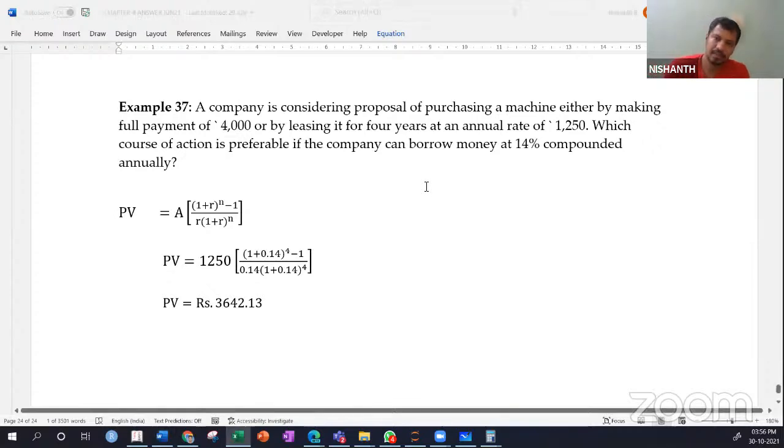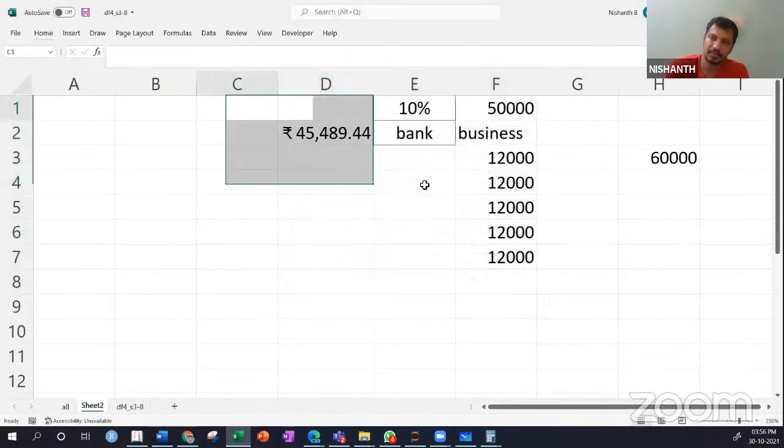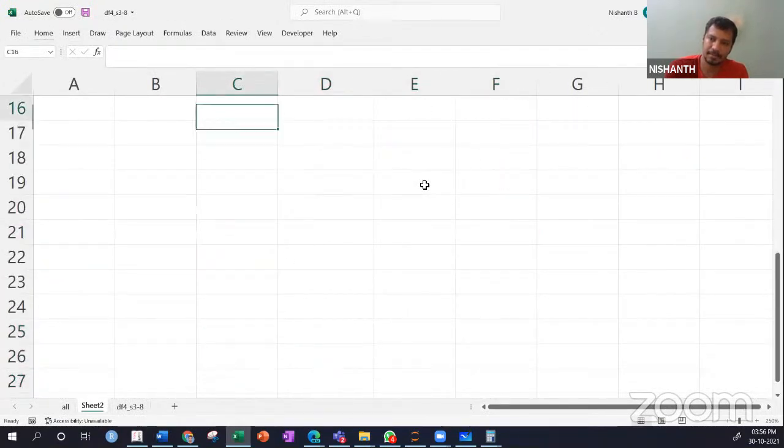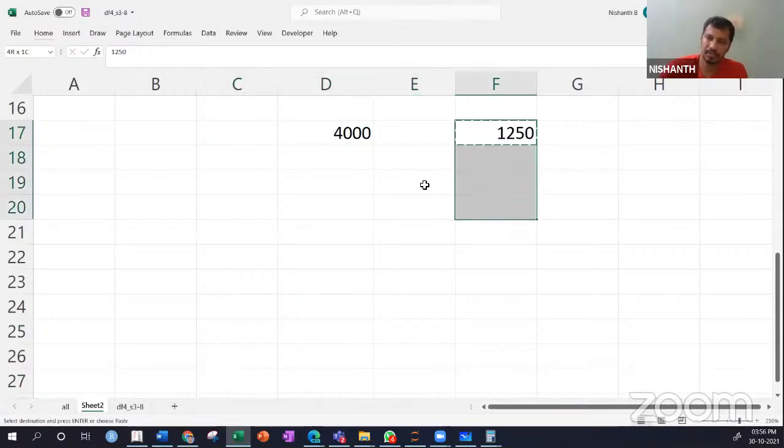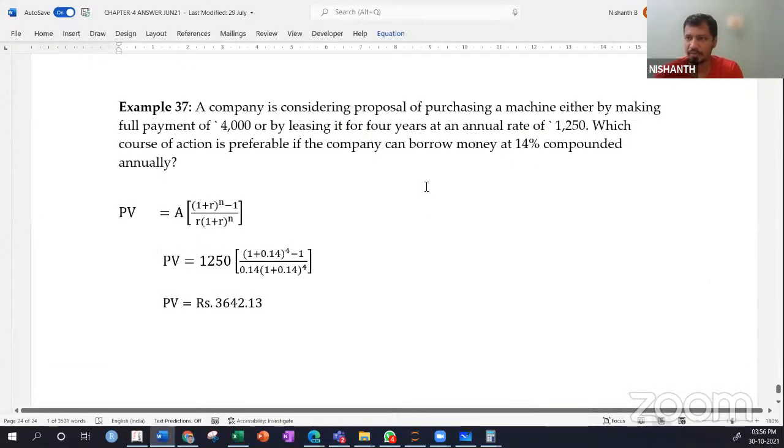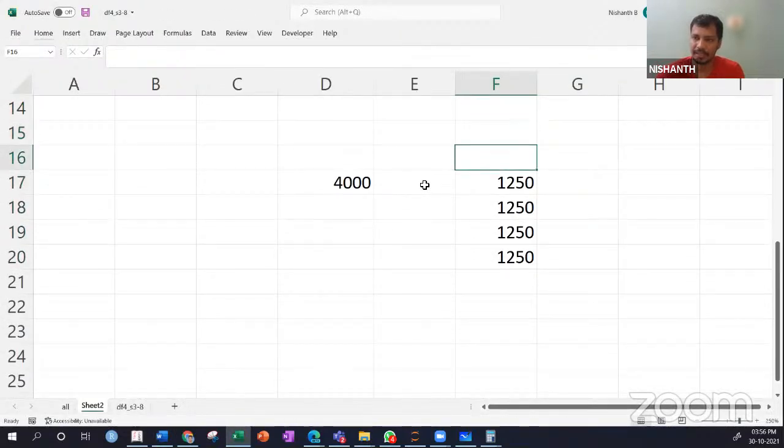So again, you have two options in front of you. Either you pay 4,000 now, or you pay 1,250 for the next 4 years. 14% is the interest rate.